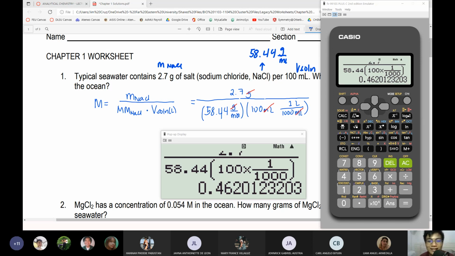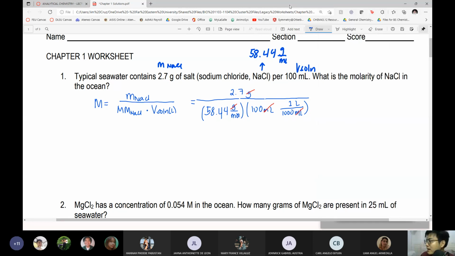Ako dati nagkakamali din ako dyan eh. Okay. Although ginagawa ko, before I submit my exam, double check talaga. Okay. So yan. So the answer is 0.4620. Okay. Na-realize na ba na ito yung answer? 0.4620 mole per liter.